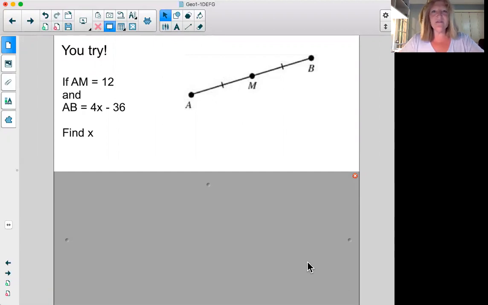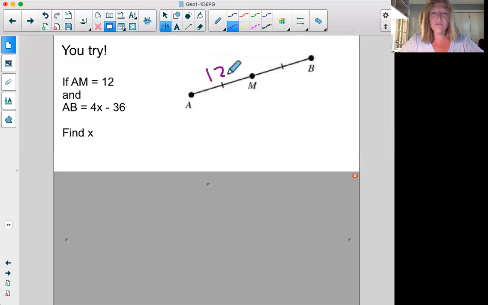So we're given slightly different information in this case, but we're going to use the same concepts to figure it out. We know that AM and MB are congruent, which means their measurements are equal. In this case, we're only given the measurement for AM, and we're given an algebraic expression for the whole. So if AM is 12, we could mark it right on here.